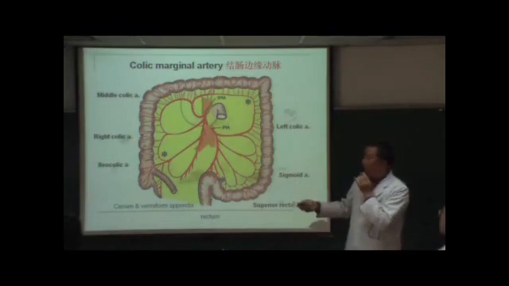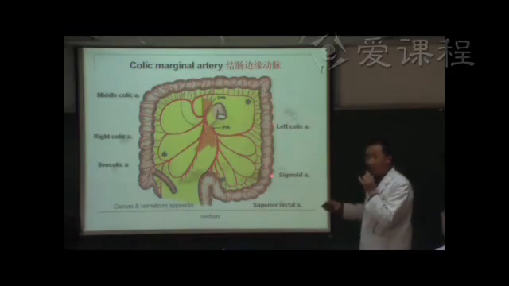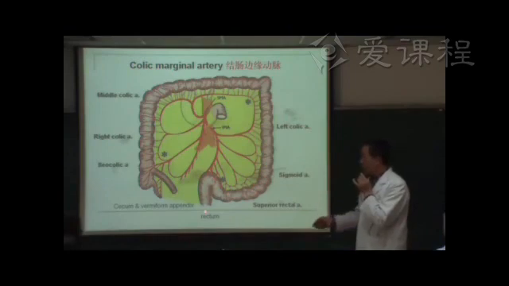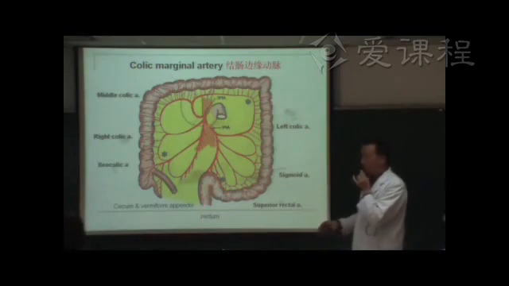From the cecum is the ascending colon, and then the transverse colon, and then the descending colon, and then the sigmoid, and the last part of the colon is the rectum. Yes.